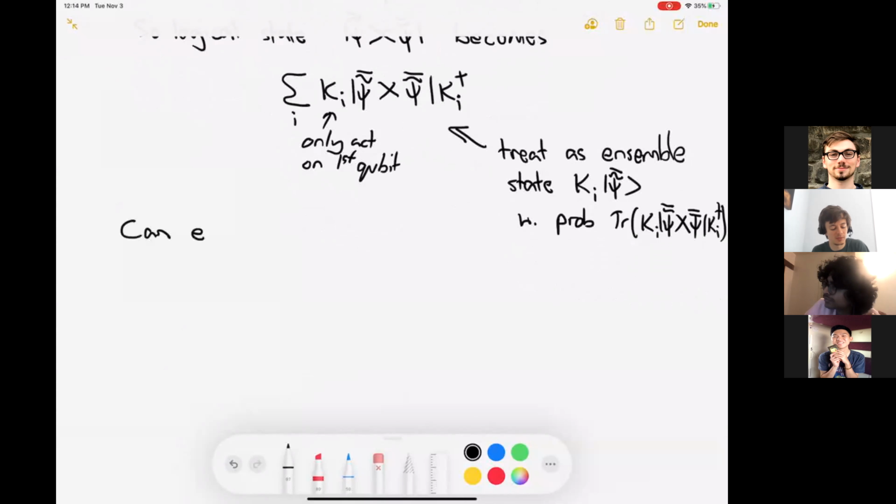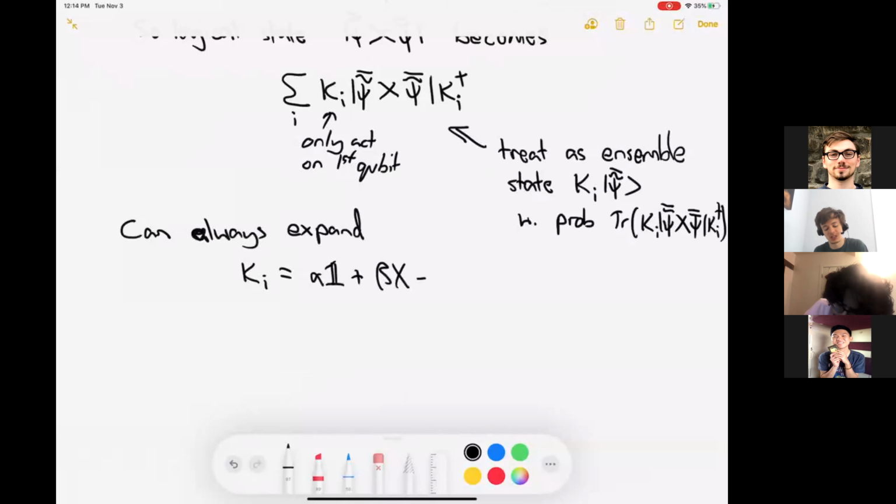It's just a fact about matrices that we can always expand any matrix ki as alpha times the identity plus beta times x plus gamma times y plus delta times z. Okay?